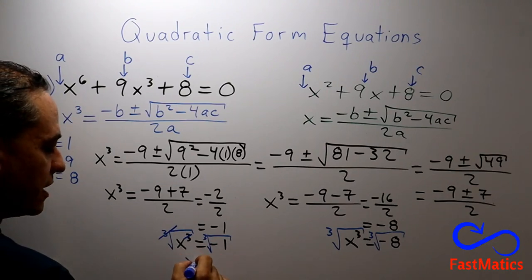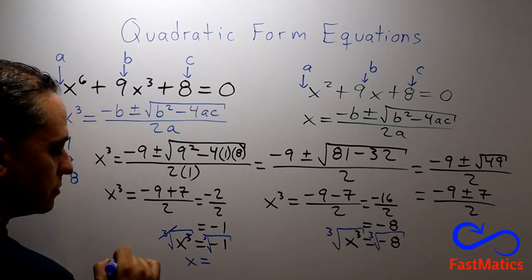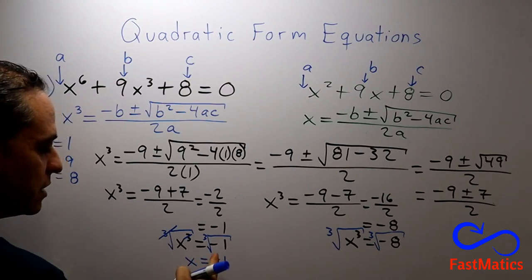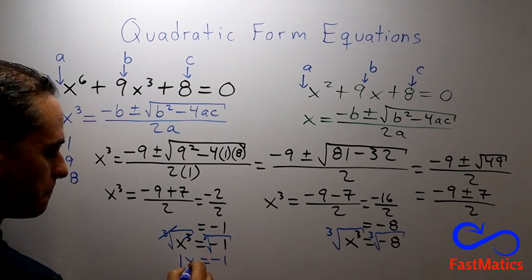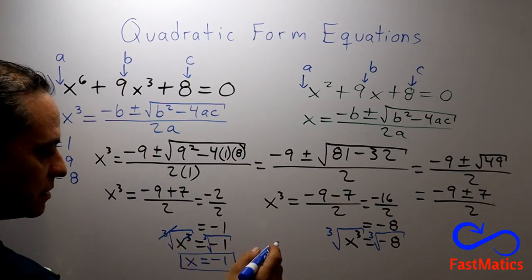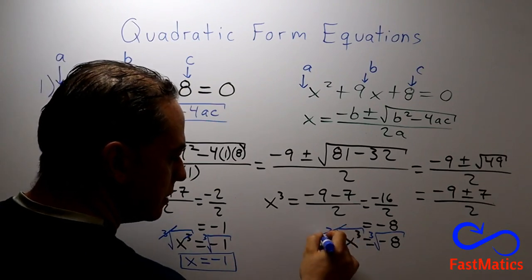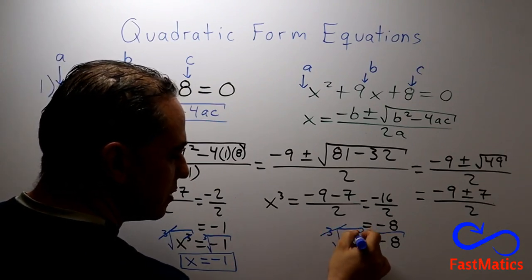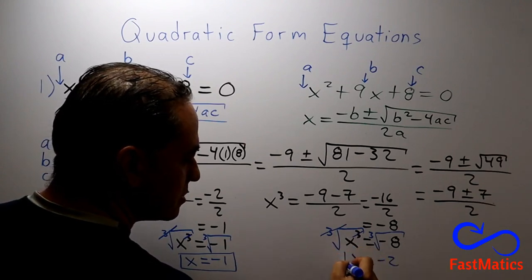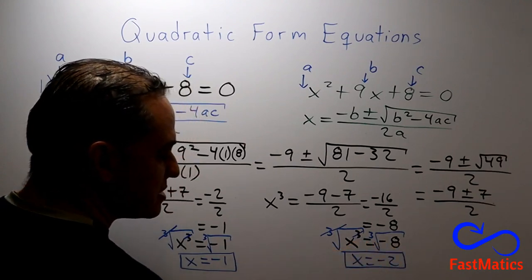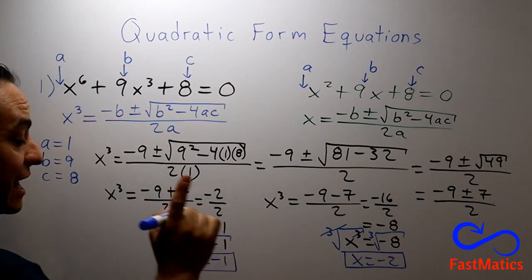So you have x equals negative 1, because negative 1 times negative 1 times negative 1 is negative 1. And here, cubic root with exponent 3, goodbye, and you have negative 2, because negative 2 times negative 2 times negative 2 is negative 8.